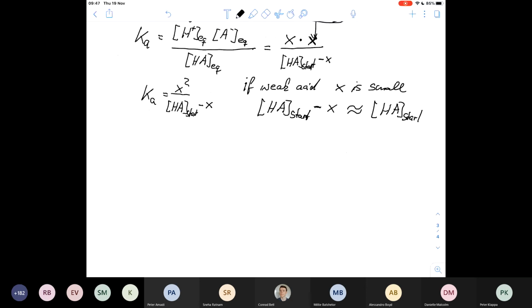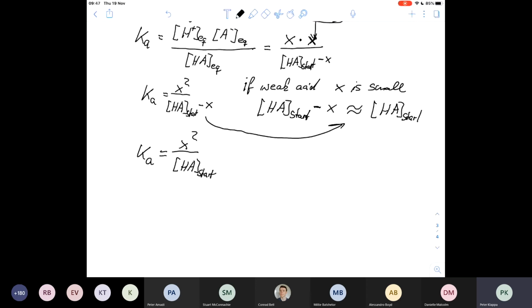So what we can do is write Ka equals x squared divided by HA start, because we said this is pretty similar to HA start. And of course, the whole thing is a quadratic equation, isn't it? So let's try to find out what x is.